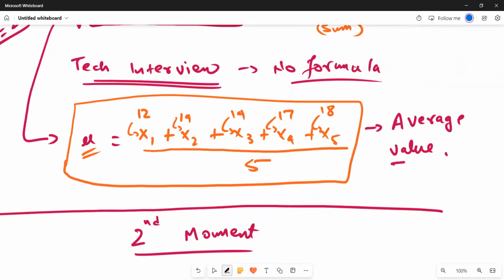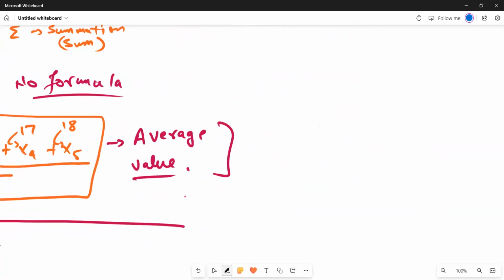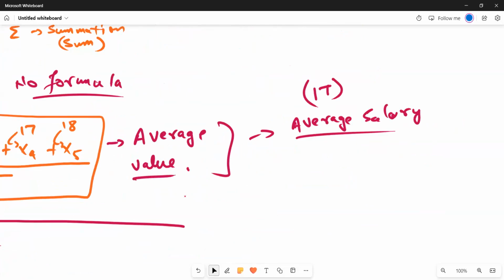Let's say, for example, for those who are working professionals, if you go to your HR and ask for the average salary of the employees in whichever department you are, maybe the IT department, your HR will do a very simple mathematical operation.